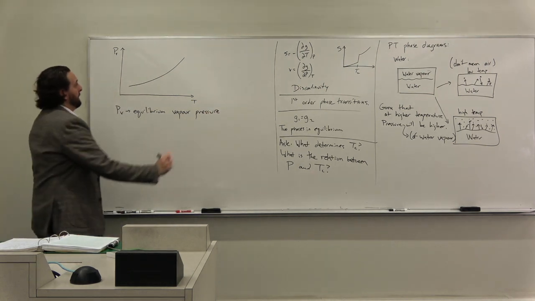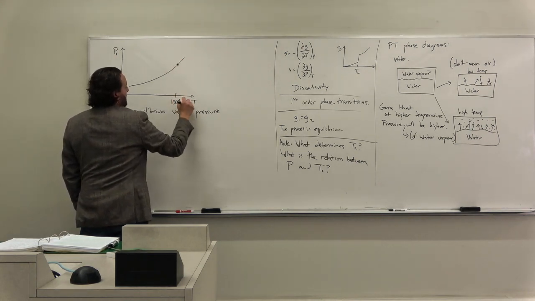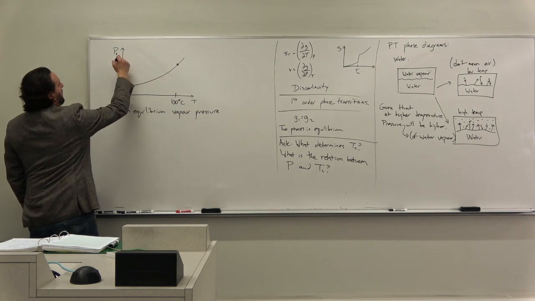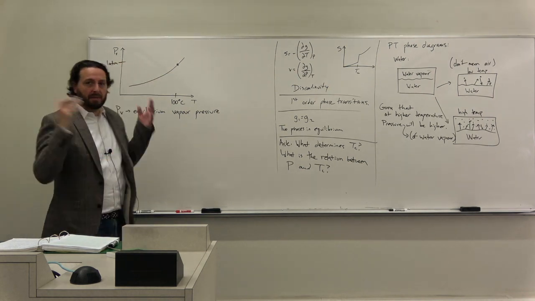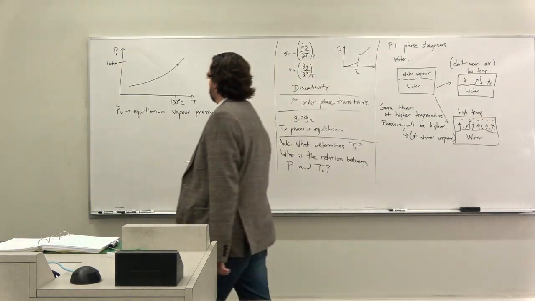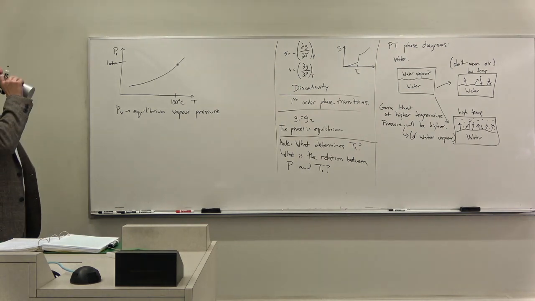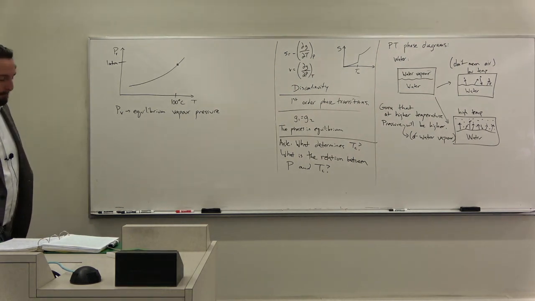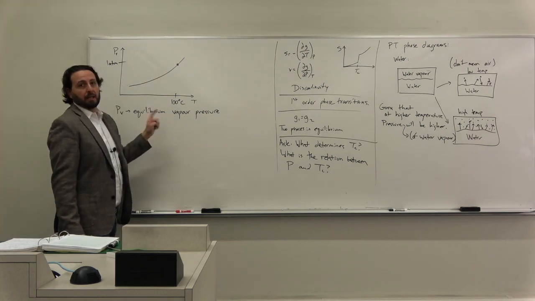Well, we already know a couple of things. We do know that at 100 degrees C, if we have atmospheric pressure, water boils at 100 degrees C. This is the equilibrium condition.